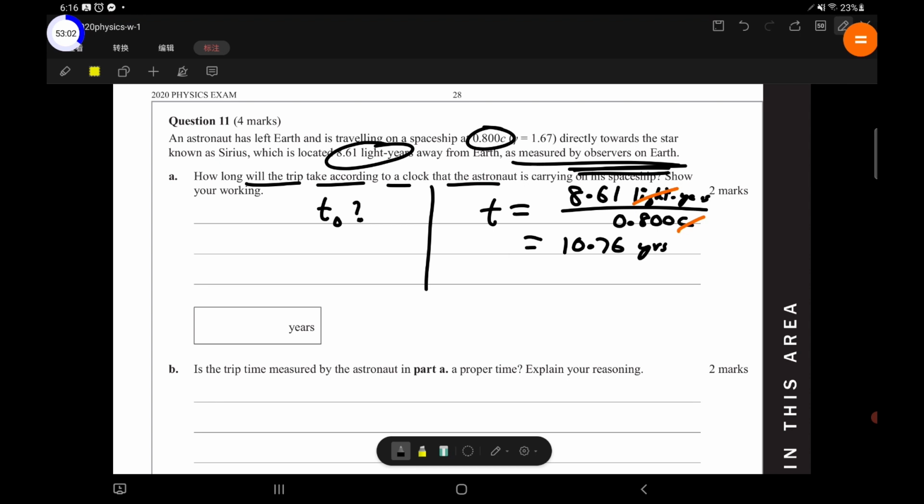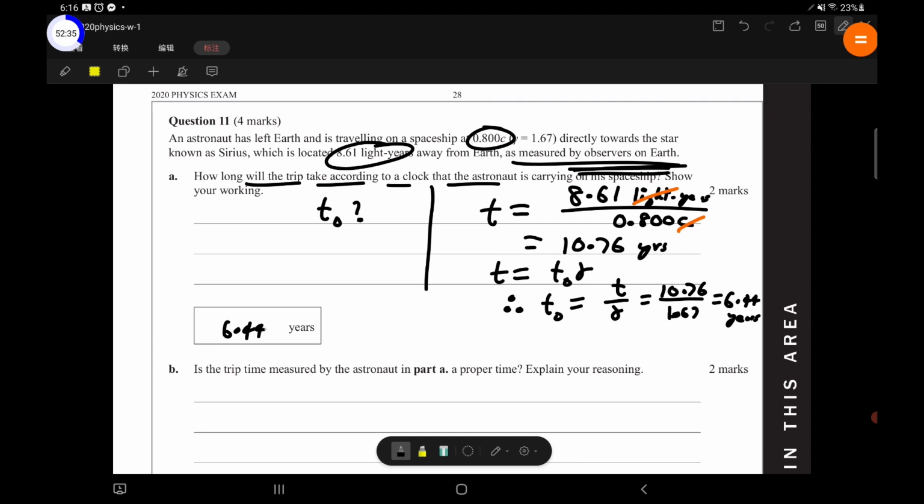So excuse what I said earlier, you do need to use special relativity. You do need to use this equation. We can rearrange this to find the proper time, which is what we are looking for. Substituting the value for the Lorentz constant, we get 6.44 years as our answer.